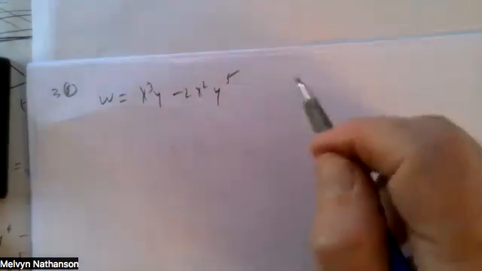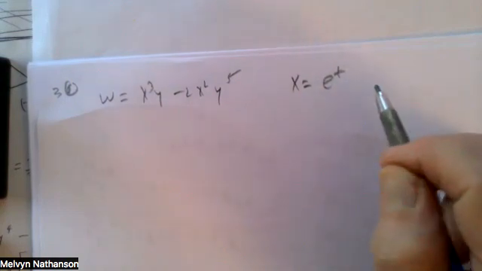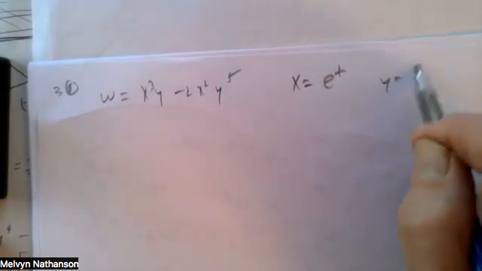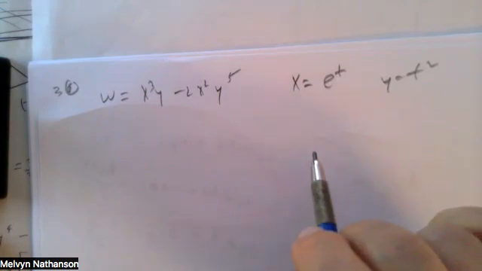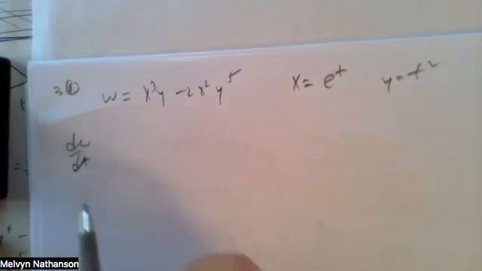And x is a function of t, e to the t, and y is a function of t, it's t squared. So you want to compute dw dt.